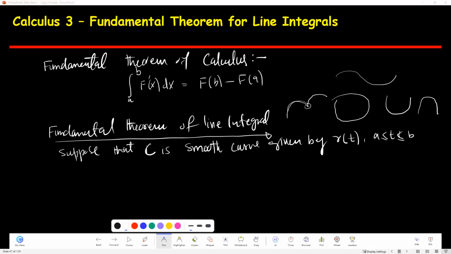So if C is a smooth curve given by r(t), going from a to b, maybe a is here, and if you take a complete turn, b is here. It is just the limits of the curve, or whatever you are interested in calculating.